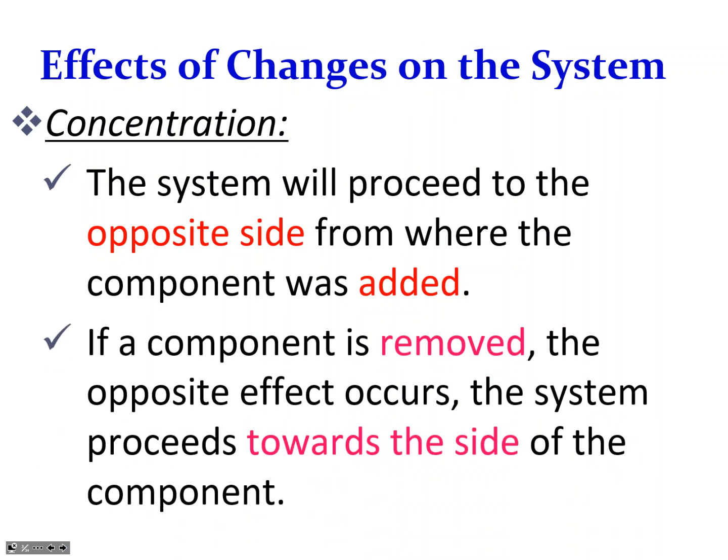However, if you remove a component or a chemical species, it's going to go to the side that it was removed from. So it's going to replace what has been removed, basically, is what we're going for there. So these are general ways of thinking about it. Now, you wouldn't use this as an explanation because this really doesn't represent why it's doing what it's doing, but this is just the general trend.